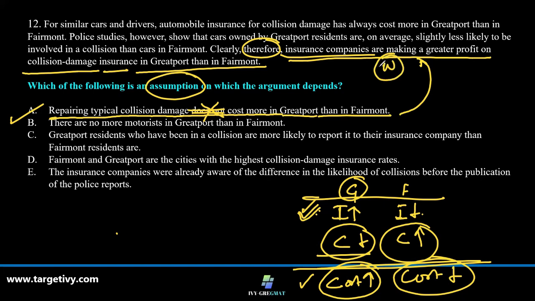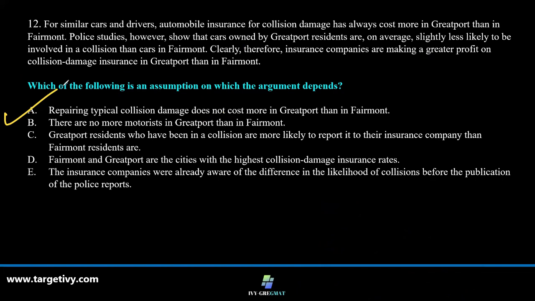Fair? So the assumption in this argument is that repairing typical collision damage does not cost more in Greatport than in Fairmount, because at the end of the day, it is the repairing cost. That cost is being borne by the insurance company.